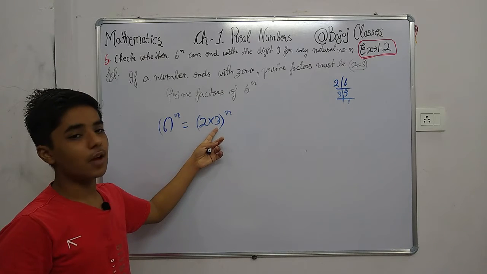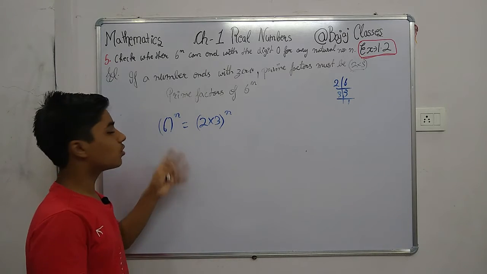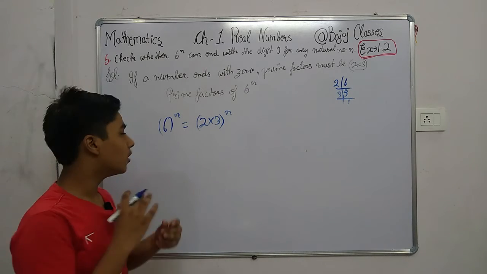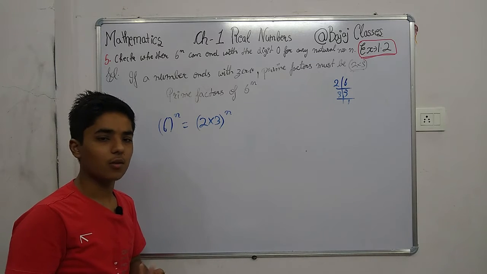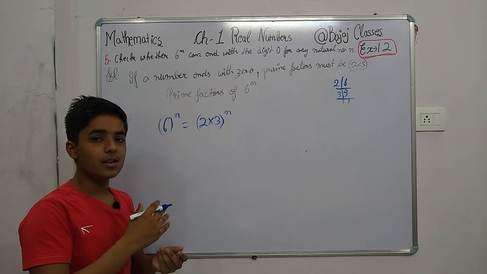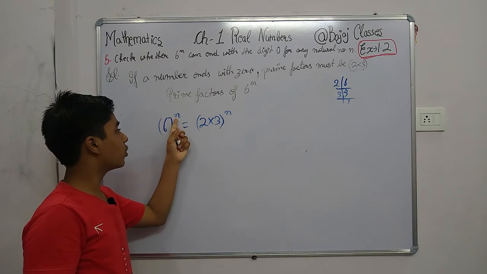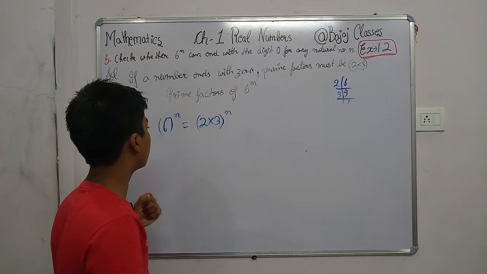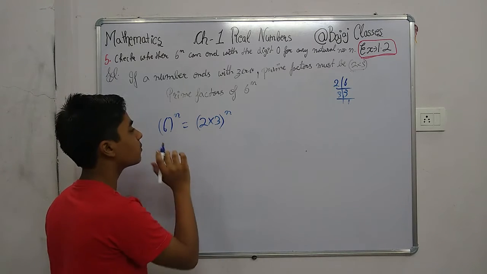If there were a 5, only then could we get a number ending with 0, because you can take any natural number as the power, from 1 to infinity, 0 cannot be included, and it will never end with 0. It is proven here.